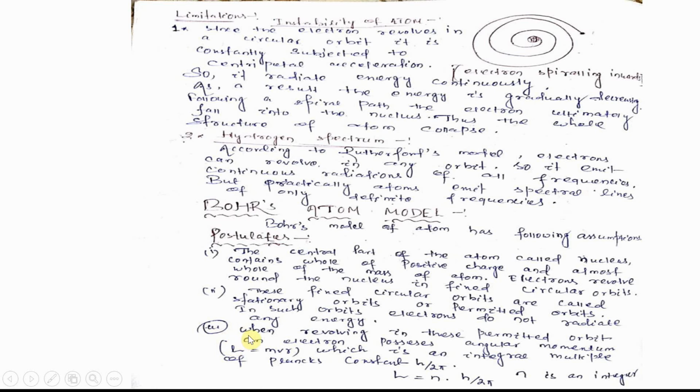And the next very important property is that when revolving in this permitted orbit, an electron possesses angular momentum which is an integral multiple of Planck's constant h by 2 pi. Angular momentum you have already known in 11th class, it is nothing but m omega or mvr. This angular momentum is L equal to n h by 2 pi, where n is an integer and h is Planck's constant.